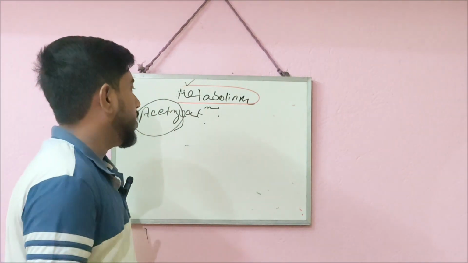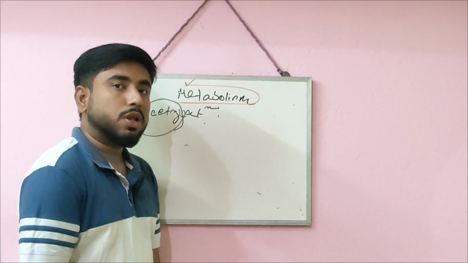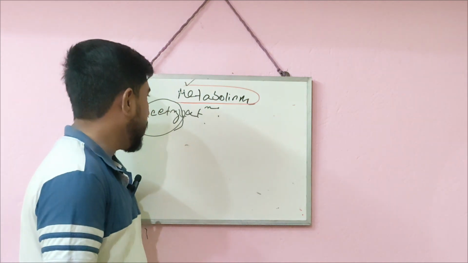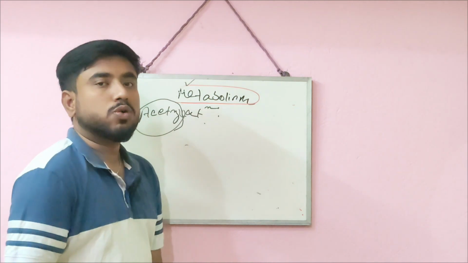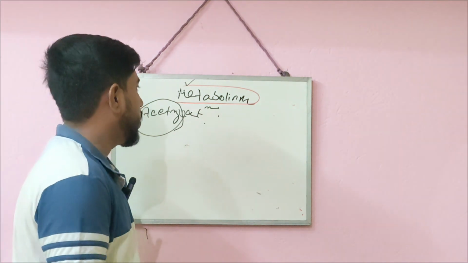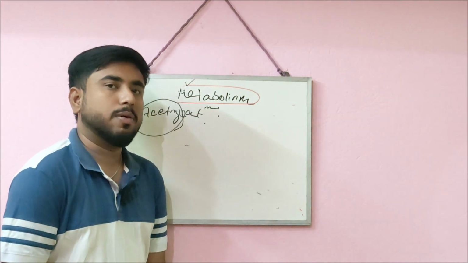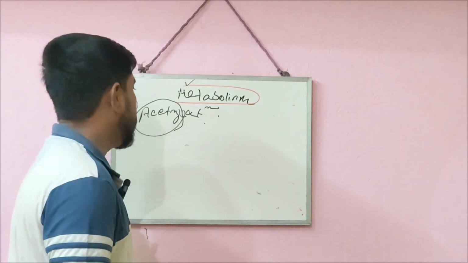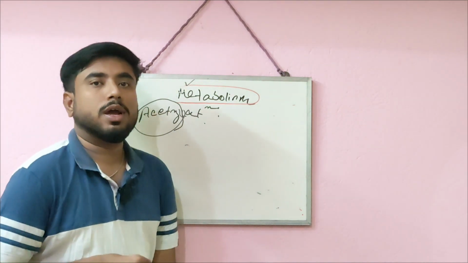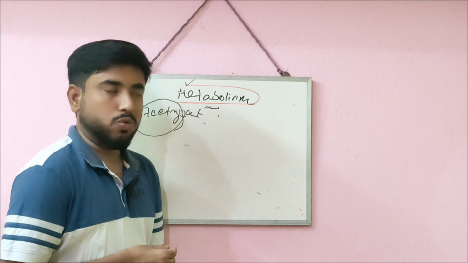Like the previous processes, specific drugs are metabolized by a specific route or process. Like in glucuronide conjugation, I have already told that aspirin and paracetamol go through that metabolism. In methylation, I have already told adrenaline and dopamine pass through.